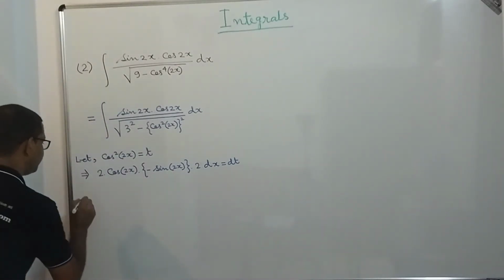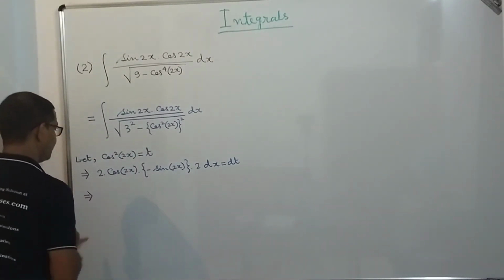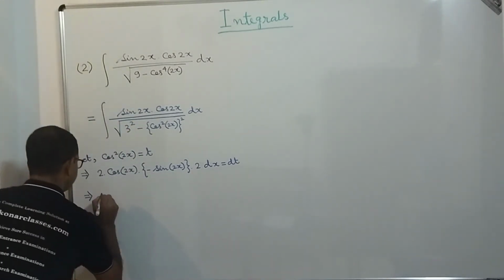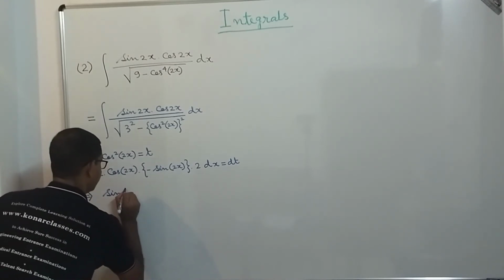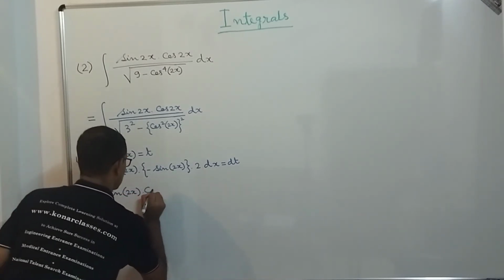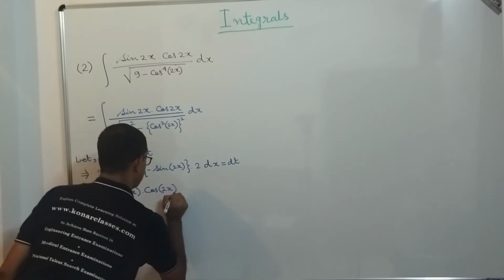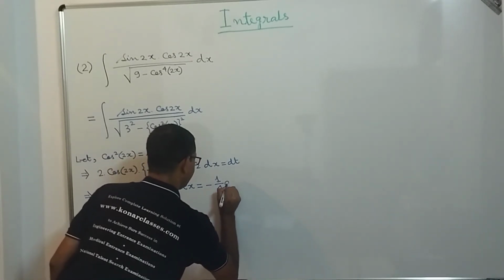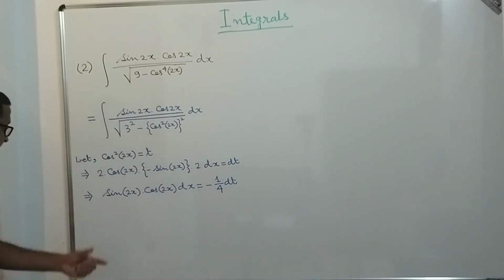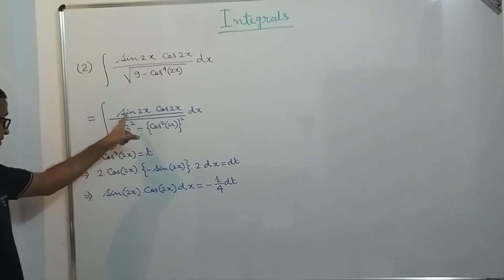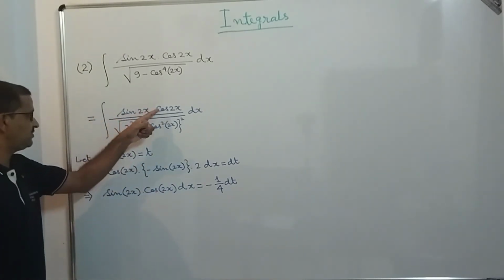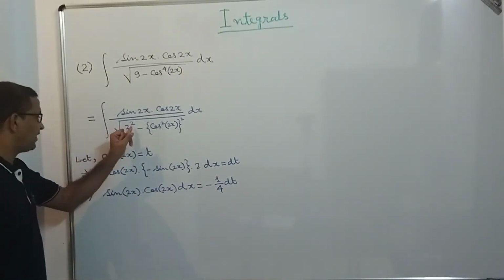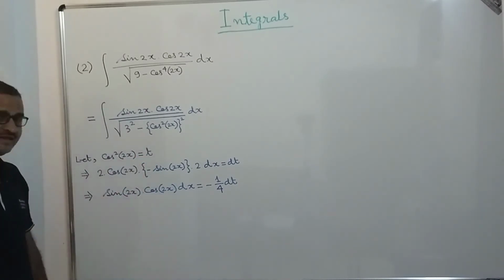So that means what we get, dear students? We get sin 2x into cos 2x dx equal to minus 1 by 4 dt. Okay, and that is very meaningful because in the numerator we can write sin 2x into cos 2x dx as minus 1 by 4 dt, and the denominator will be square root of 3 square minus t square.